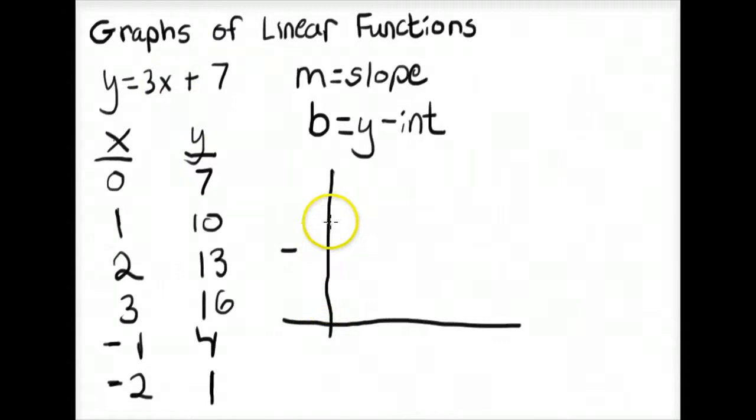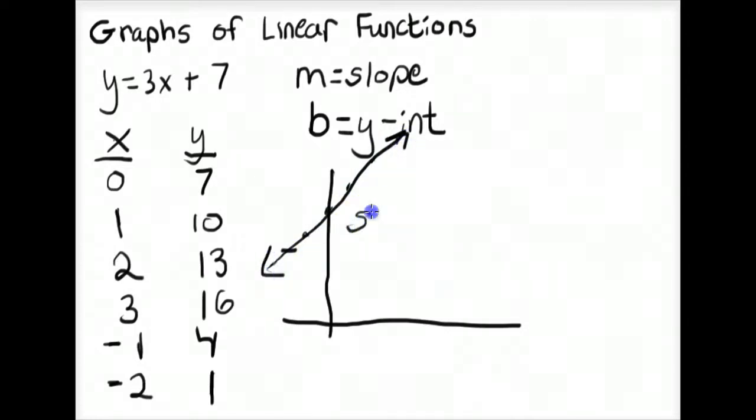So 0 is going to get us 7, which is up here. 1 is going to be 10. 2 is going to be 13. 3, 16. And we're saying this is 3 units vertically and 1 unit horizontally. And at negative 1, it's going to be 4, which is about here. And negative 2 will be about here. So we're going to be getting this linear function.